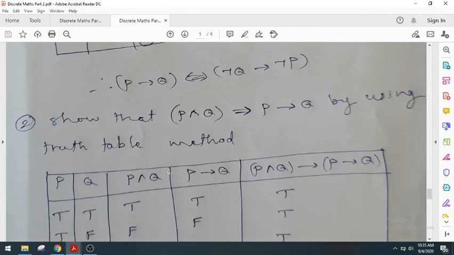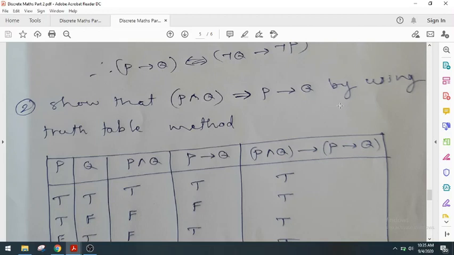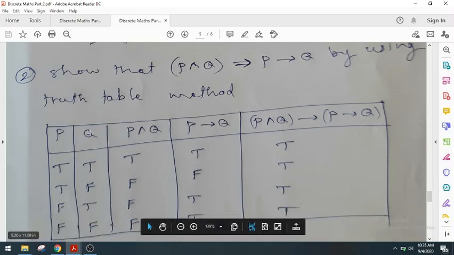Show that, next problem, P conjunction Q implies P then Q by using the truth table method. Why do we mention using the truth table method? Because we have other methods to prove tautological equivalence and tautological implications. Let us see them in our next part video. Write down P, Q, and find out P conjunction Q here.